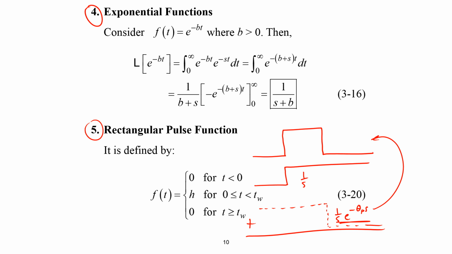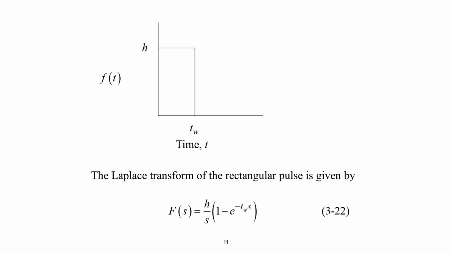This is your delay right there, your delayed step. I'll put negative there for the negative step. So that's going to be 1 over s times 1 minus e to the negative theta p s. That's going to give us a rectangular pulse. So you can combine these functions in the Laplace domain to get more exotic functions, but get those from the basic functions. And there we had the rectangular pulse.